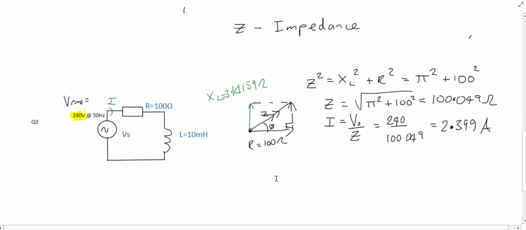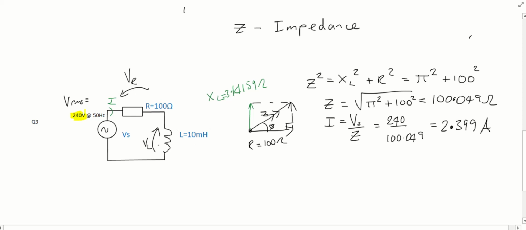So you may have noticed that we do have the voltage as well in there. So we should be able to find out the voltage across both the resistor, VR, and across the inductor, VL.